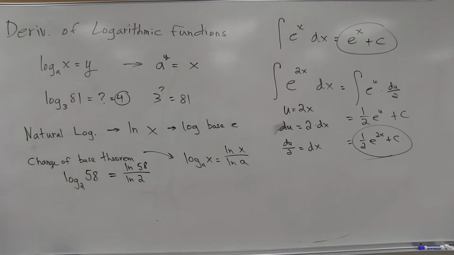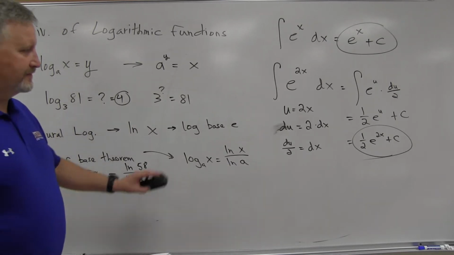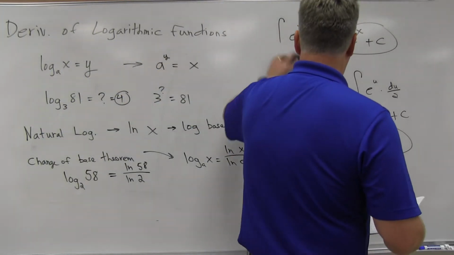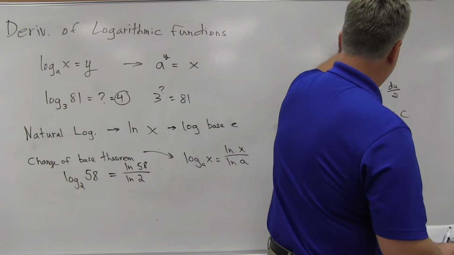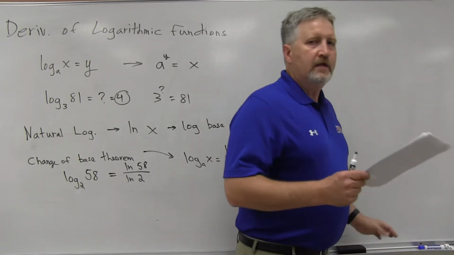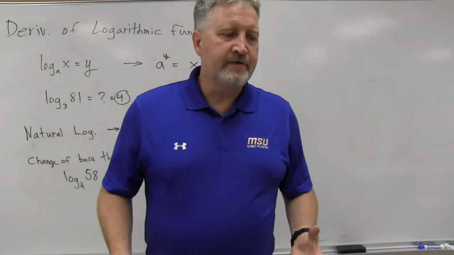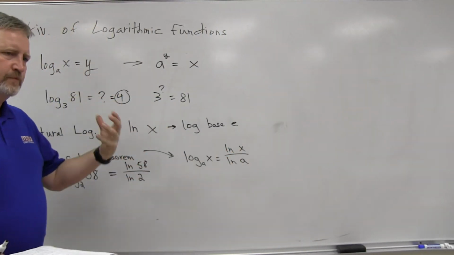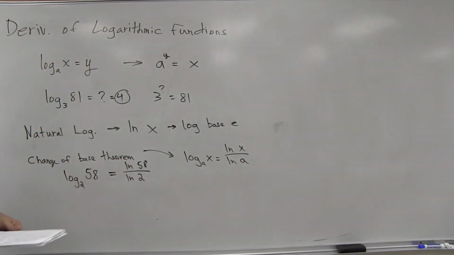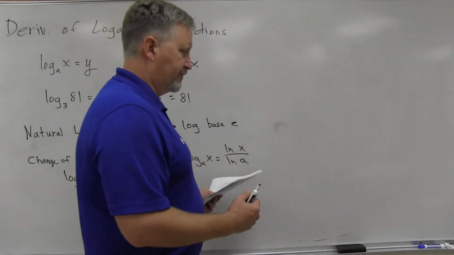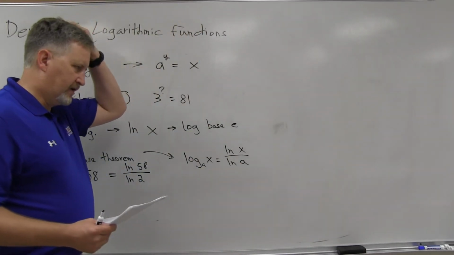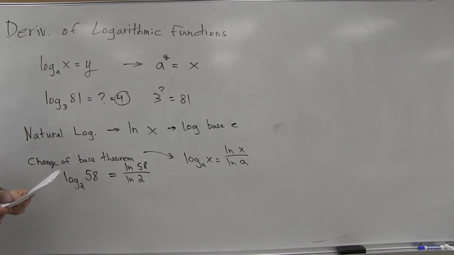All right. Well, it turns out that the derivative of logarithms, and we'll start with the natural logarithm here, and you can look at the book for proof of this, but I don't have a real nice way.